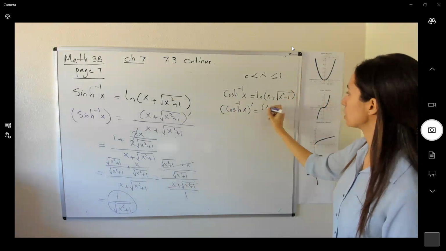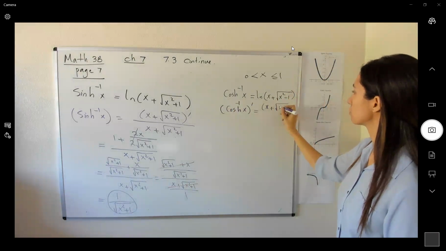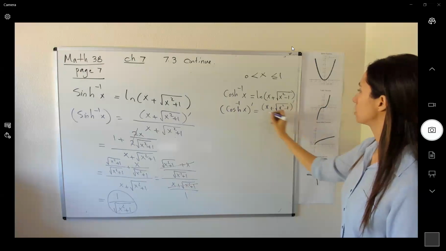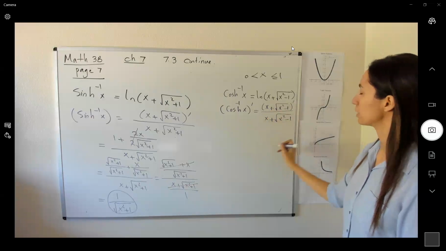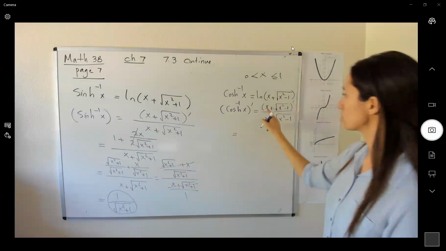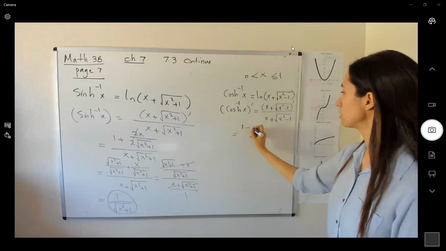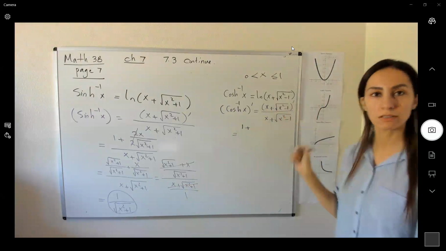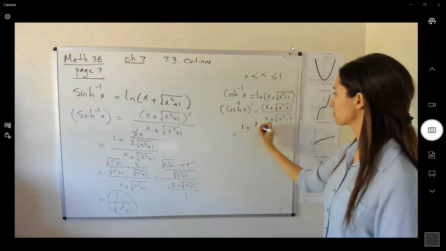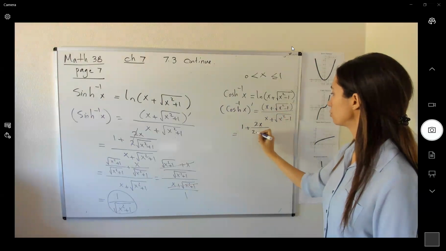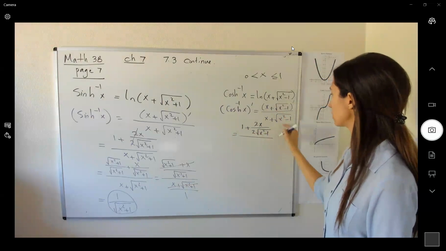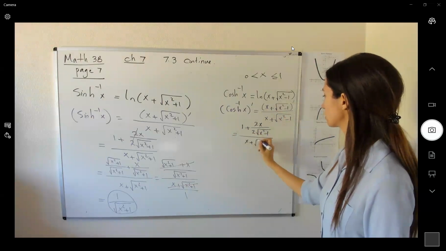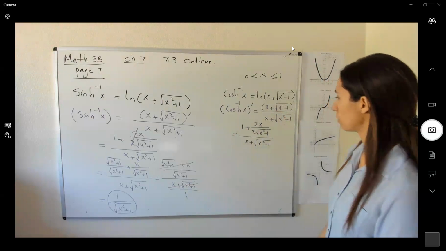Here you have to take the derivative of x plus square root of x squared minus 1 divided by x plus square root of x squared minus 1. The derivative of x is 1, the derivative of the quantity inside the radical is 2x divided by 2 times square root of x squared minus 1. The whole thing is divided by x plus square root of x squared minus 1.